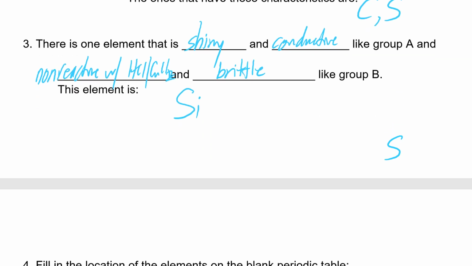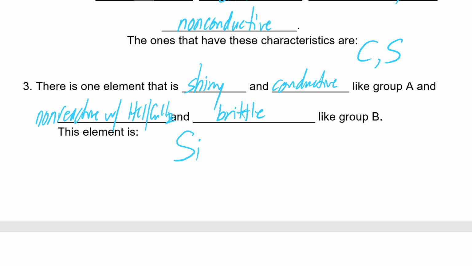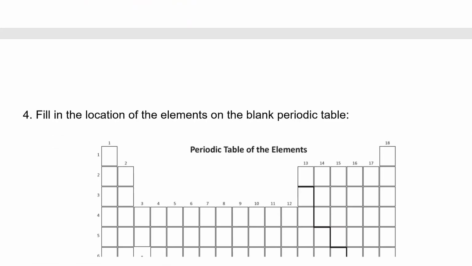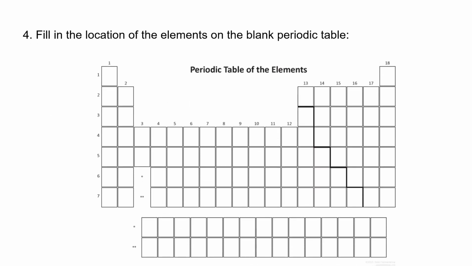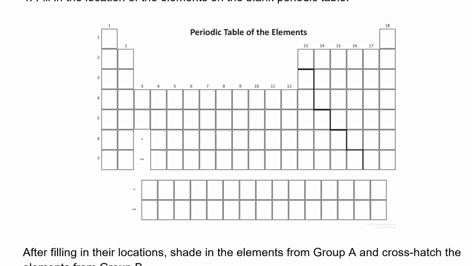Okay, so fill in the location of the elements on the blank periodic table. So we have Mg, I know, is right there. Fe is about right here, I believe. And aluminum is here. Carbon is right there.